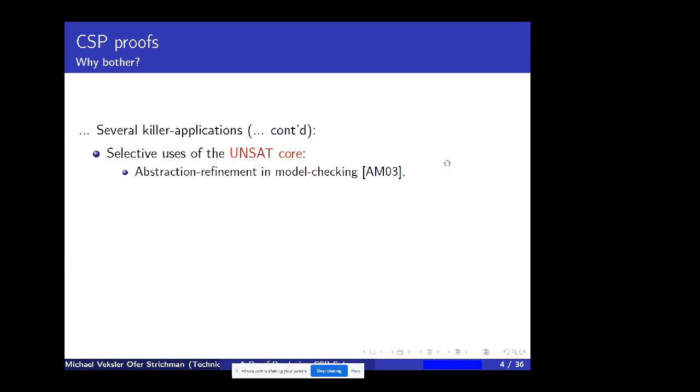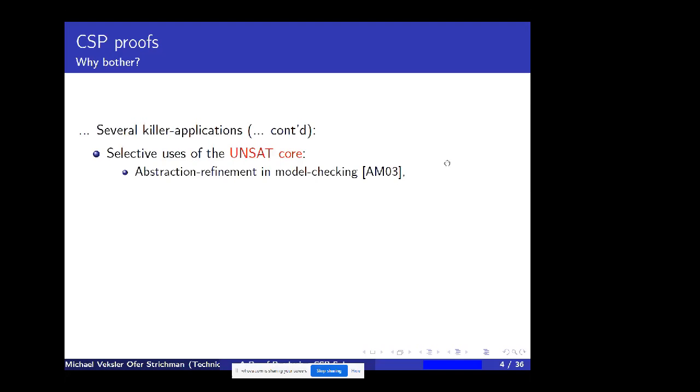Then you use a bounded model checker, which is a SAT-based technology, to check whether there exists a counterexample of length 10. If the formula is unsatisfiable, you analyze the core of the proof in order to know how to refine your abstract model in the next step.